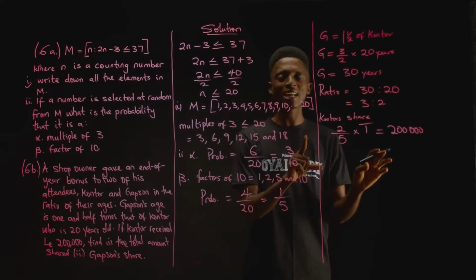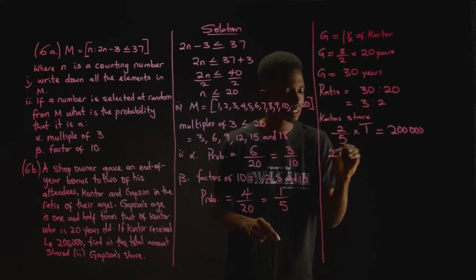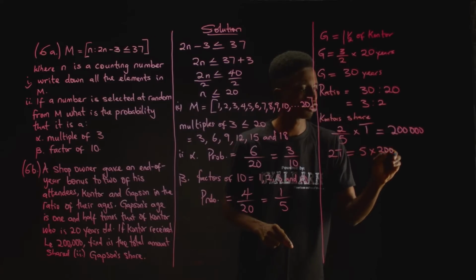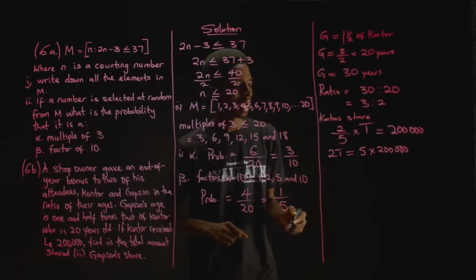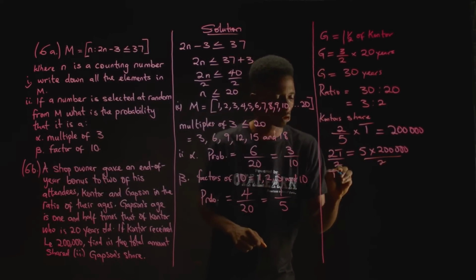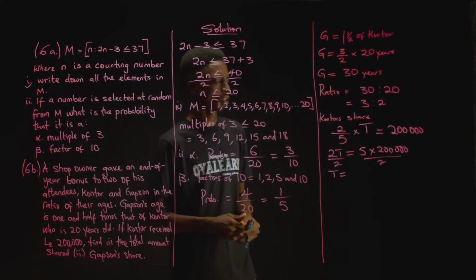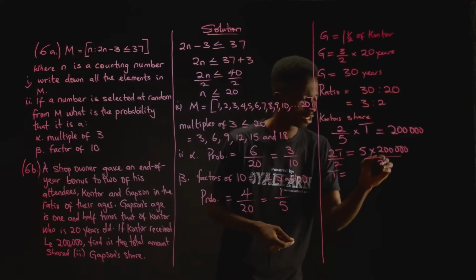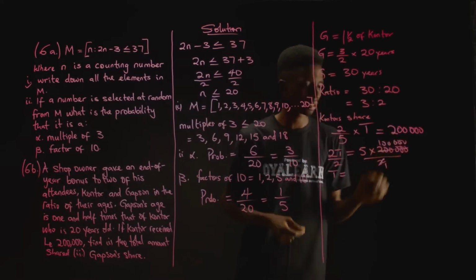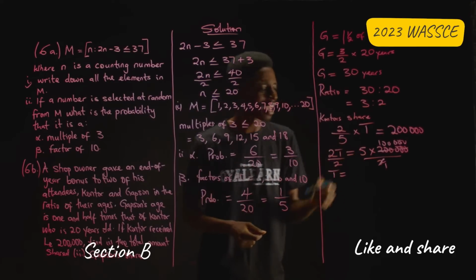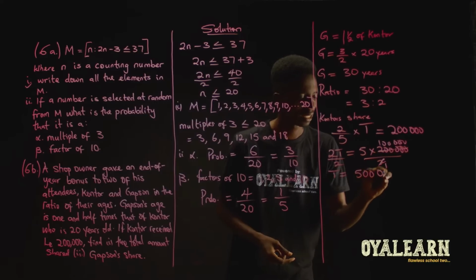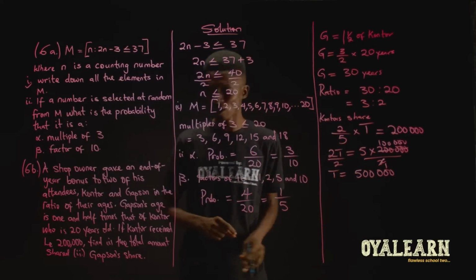So when we linearize this, we will find that 2t equals 5 multiplied by 200,000. And then when we divide both sides by 2, we can then find the total amount, which we are asked to find. So the total amount will then be given by 2 in 200,000 will give us 100,000. And then 5 multiplied by 100,000 will give us 500,000. And that's the total amount that was shared.